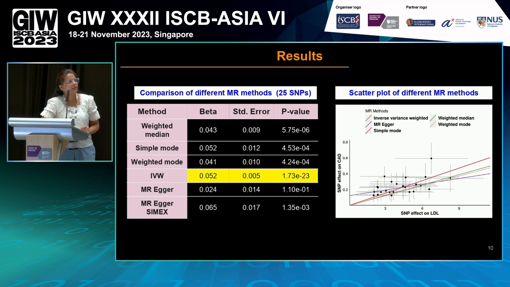That's why I have highlighted IVW. IVW is showing the maximum result; even if there is any bias, it still shows a significant result compared to the mode and median methods. And here are the MR Egger results also. It is also significant because it is lesser than 0.05. MR Egger is specifically designed for horizontal pleiotropy.